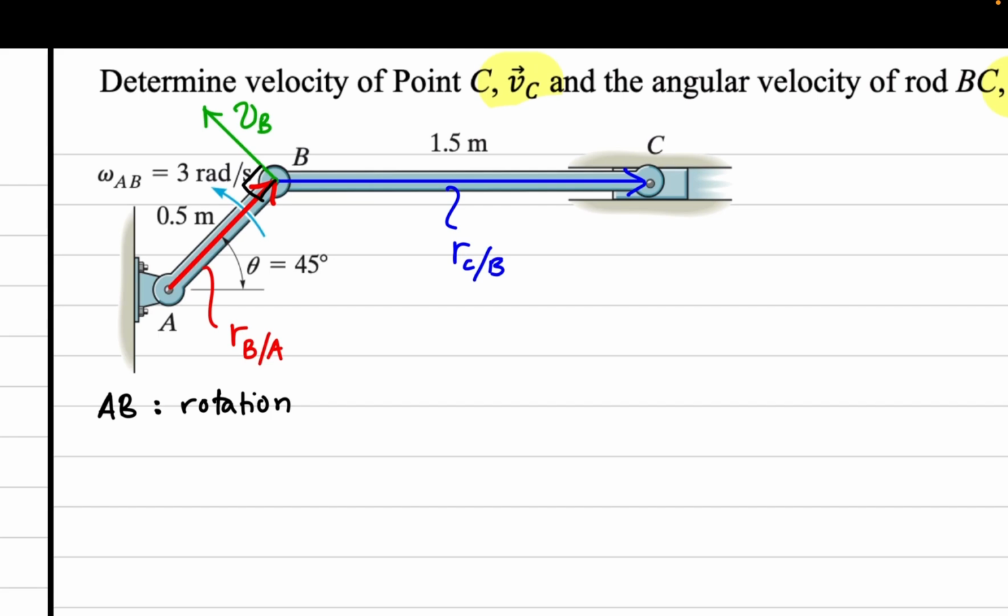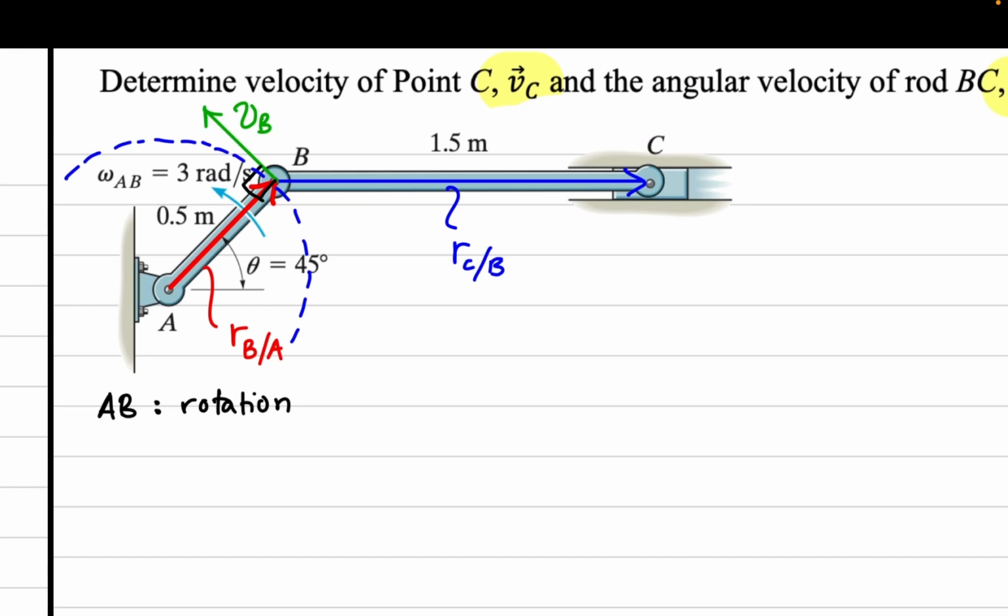As we indicated earlier, point B is traveling in a circle with point A as the center of the circle. So this basically is the path of point B traveling around a circle. VB is tangent to that path, or 90 degrees to the position vector RB/A. To solve this problem, we need to calculate VB first.